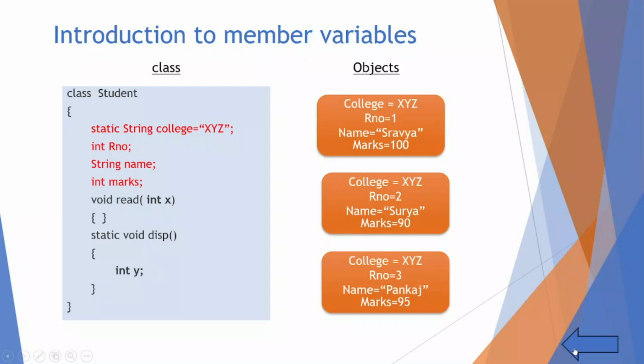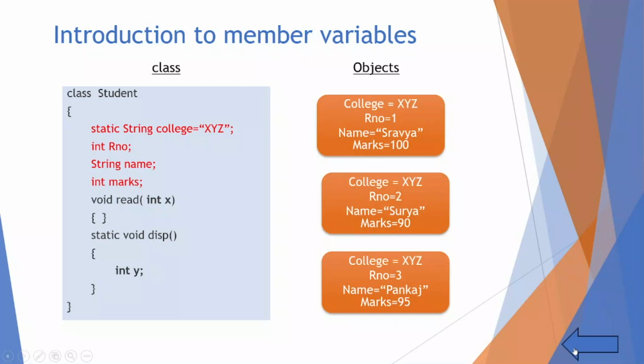These are member variables. Now, one is a static variable, static String college, and 3 are instance variables because there is no static keyword before the declaration of the variable. So int rollNumber, String name, int marks are 3 instance variables. Means each object or instance can have different values.